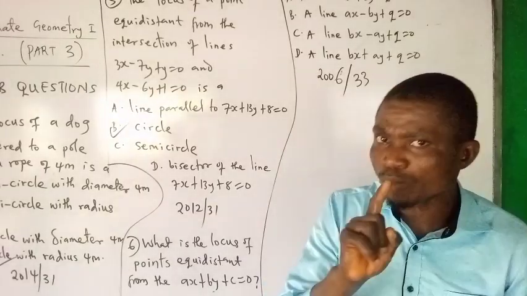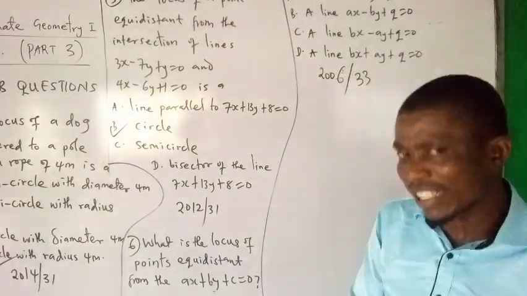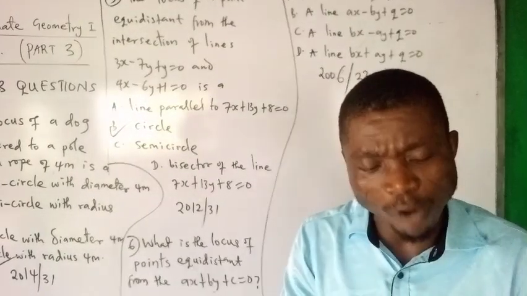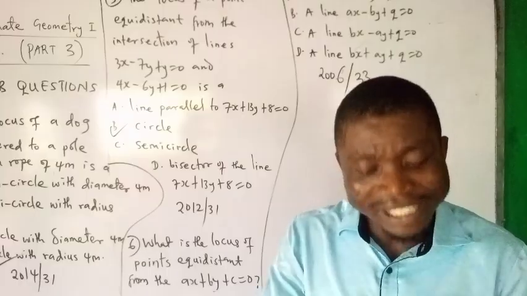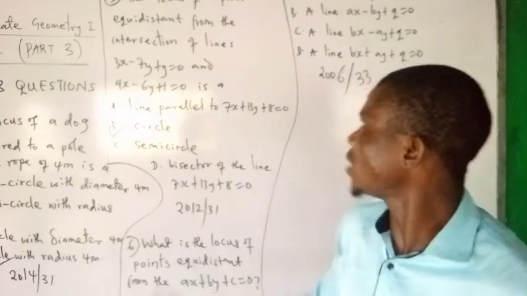And I told you that in such a case, the equation of that locus and the given line must have the same coefficients of x and y, but a different constant. Now watch this option.